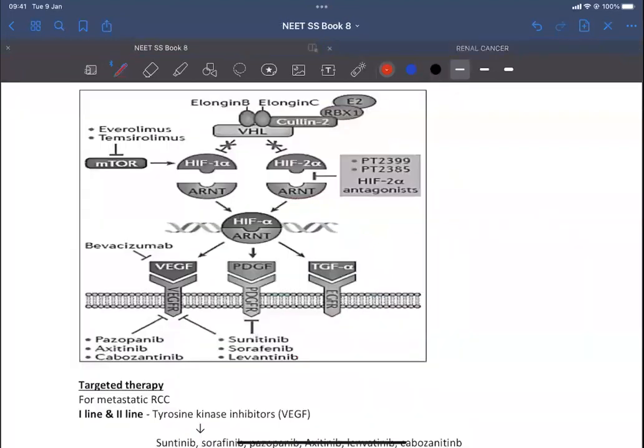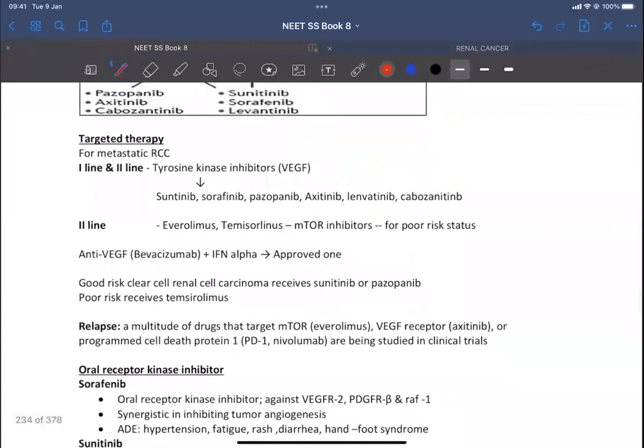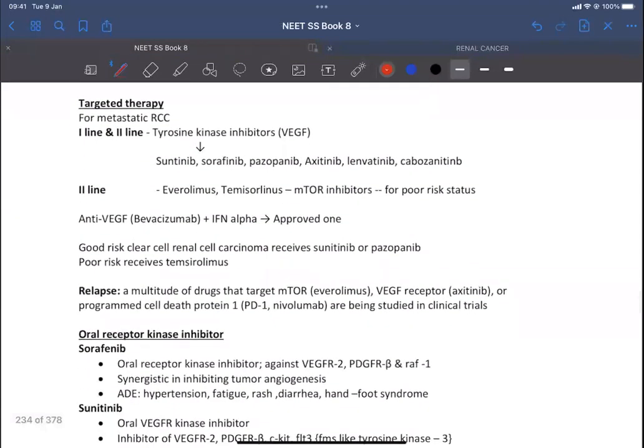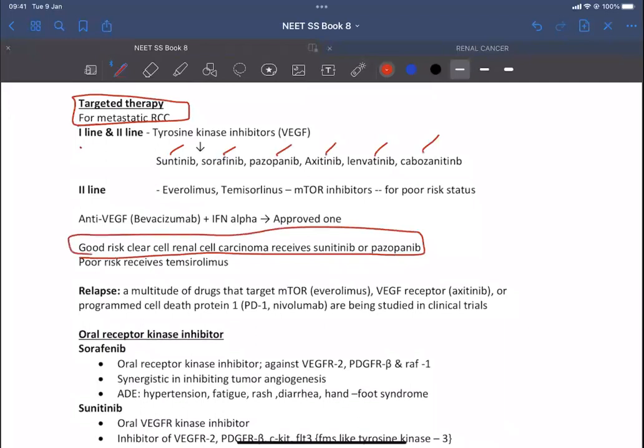And again, you have so many different drugs: sunitinib, sorafenib, pazopanib, axitinib, lenvatinib, and there's lots and lots that come out each day. As I said, the guidelines or the textbooks still say sunitinib is among the first line.